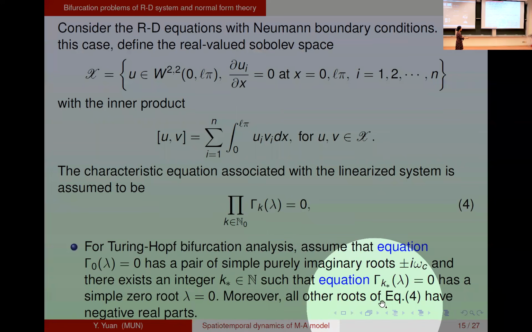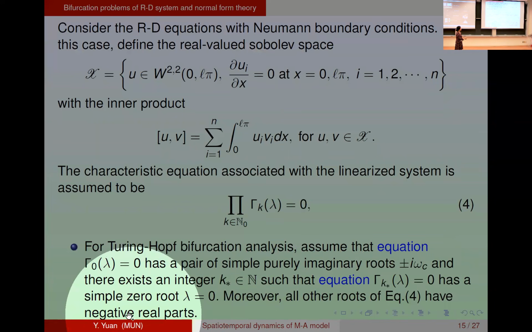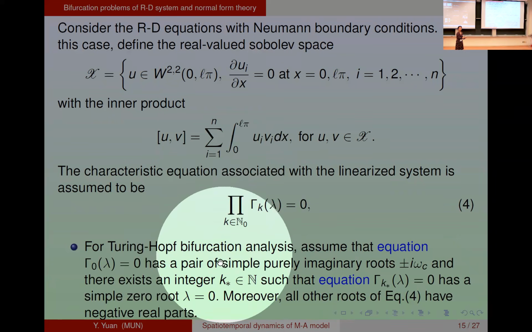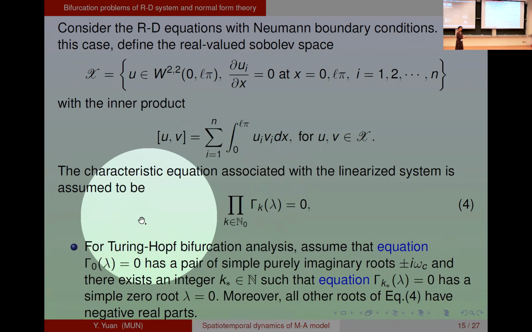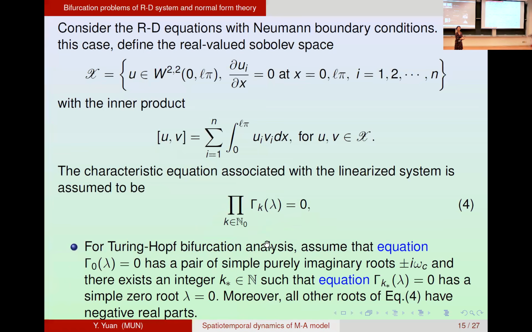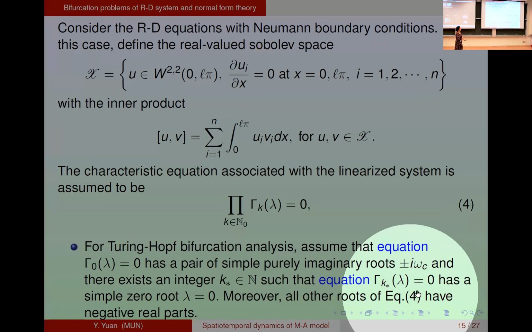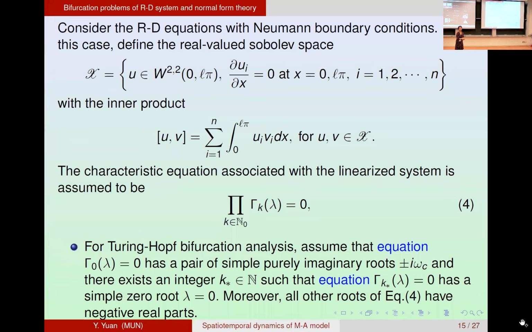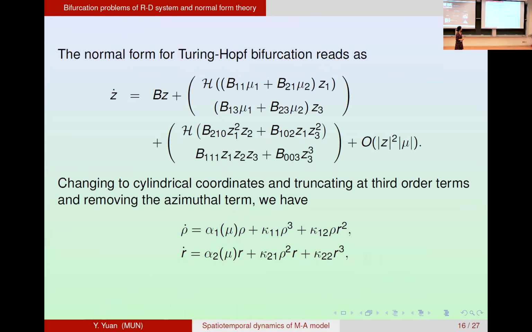Besides this, there is another with a simple zero root, corresponding to the Turing bifurcation. The interaction of that is the Turing-Hopf. Of course, we assume all the other roots have negative real part, because if there is a positive one, the whole system is unstable and we don't need to do that.